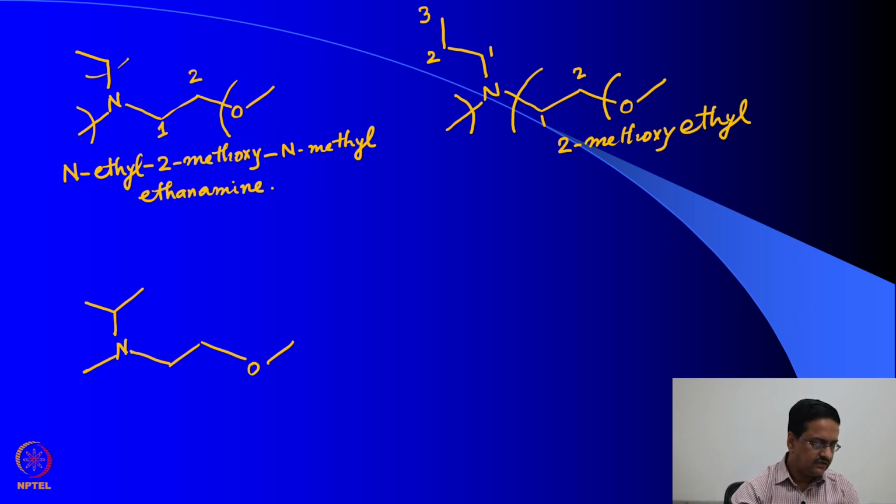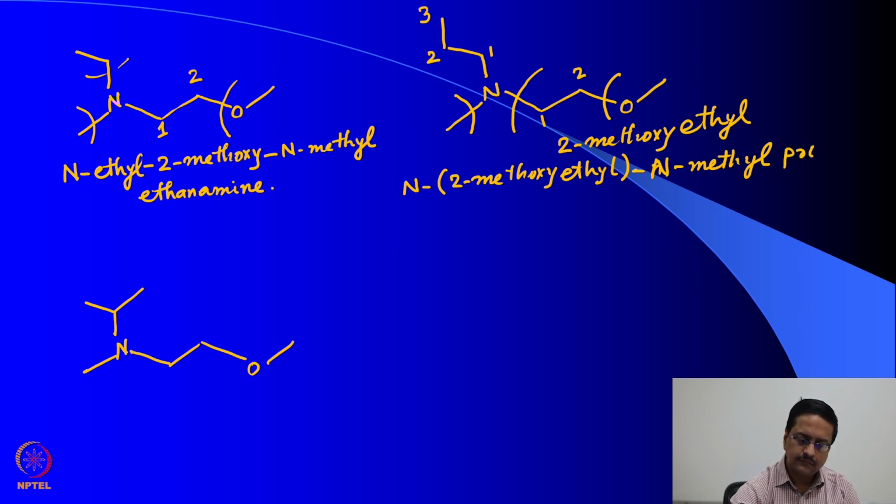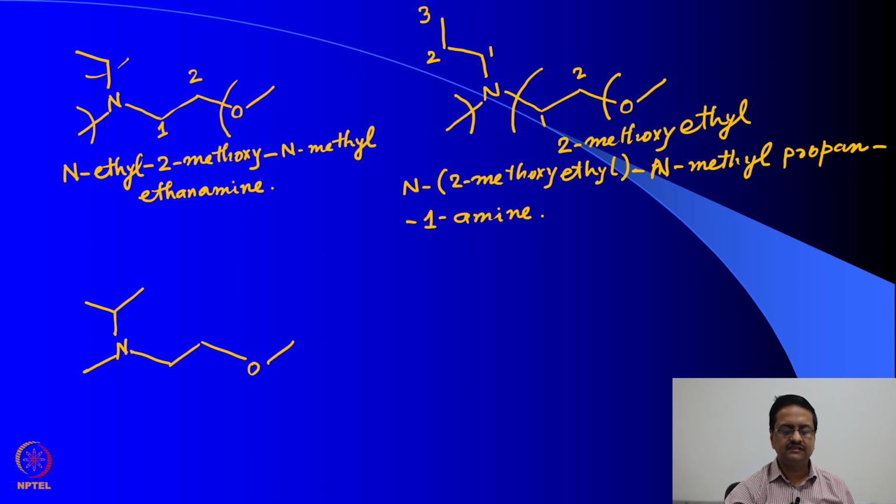So, we should write the name as N-2-methoxyethyl-N-methylpropan-1-amine. So, here we have 3 carbons getting priority over 2 carbons.